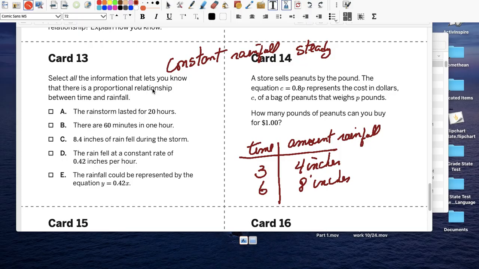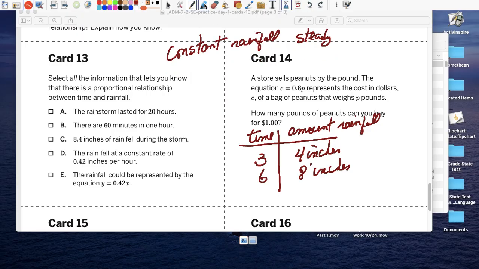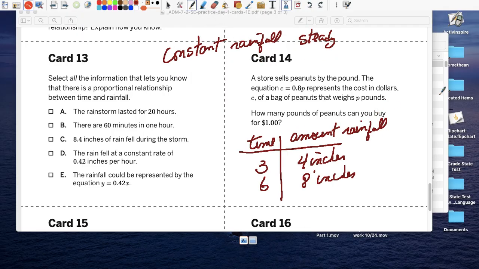It's telling me that in total we got 8.4 inches, which is a huge amount, but it doesn't tell me how those 8.4 inches of water were spread out through the storm. What if most of it came in the first couple hours and then little in the last 3 hours? I'm going to say no to that too.